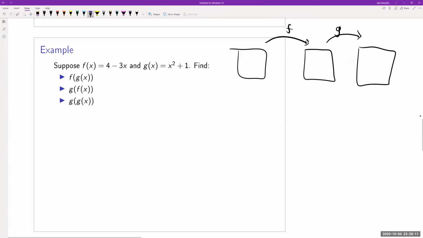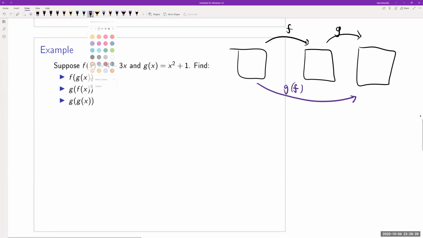We would like to find the composed function, which would be g of f. So by putting the functions together, we can find a single rule for the composition.